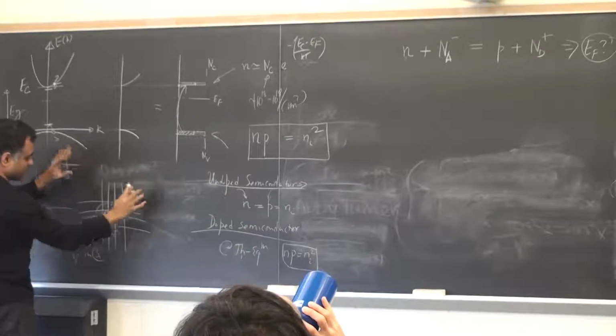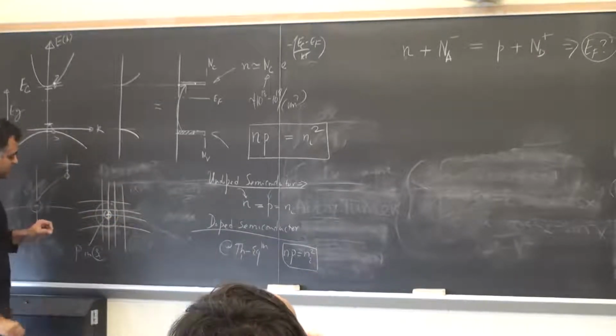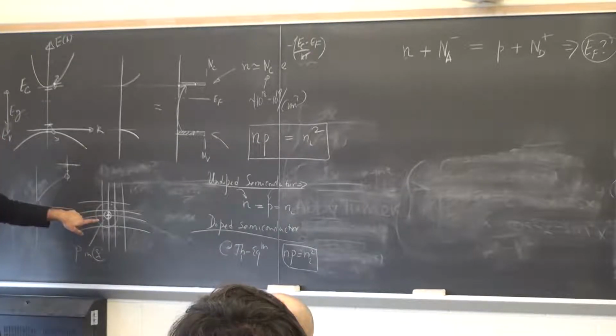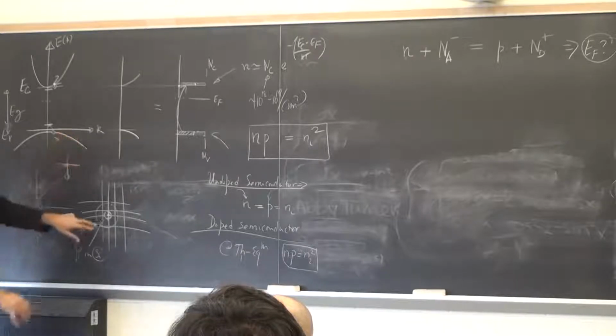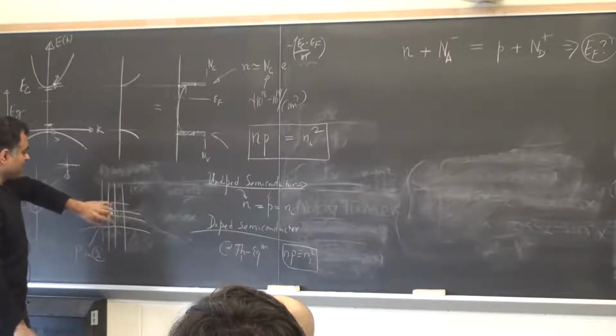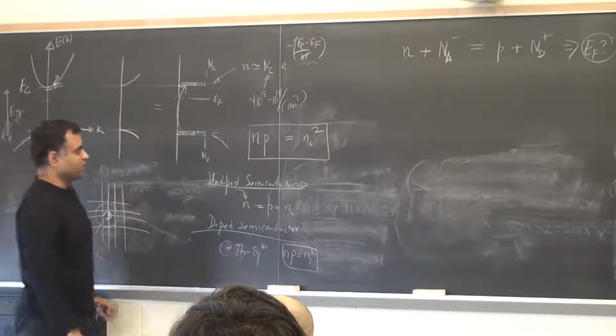Let's say all the atoms are silicon except this one, which is phosphorus. That has an extra electron, right? Now, if it donates to the crystal, then obviously it's positively charged now, right? The electron has left the phosphorus atom, and the phosphorus is positively charged.